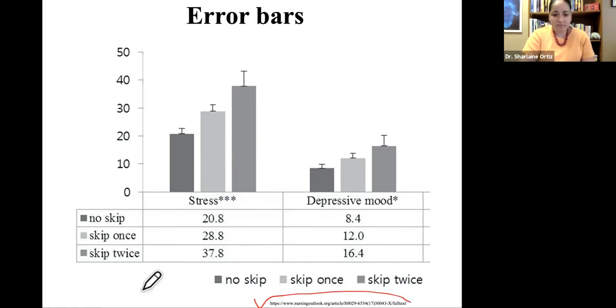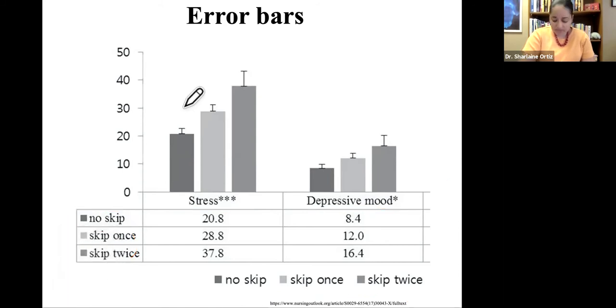This study was trying to find out whether or not skipping breakfast had some sort of impact on stress and depressive mood. They also studied other variables, but for this example, we're only going to use stress and depressive mood.